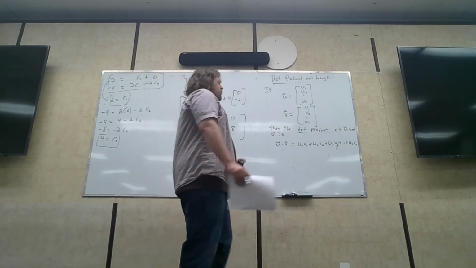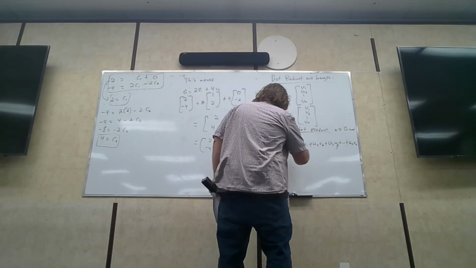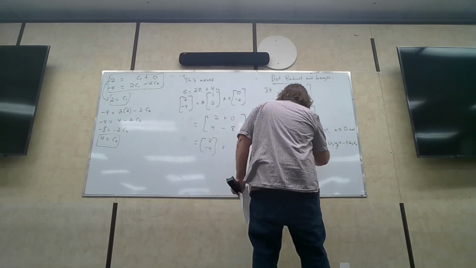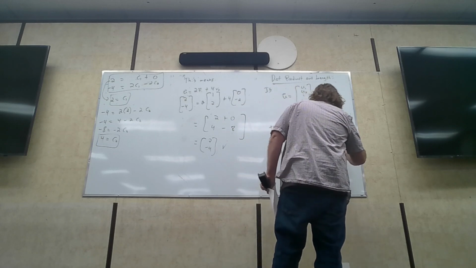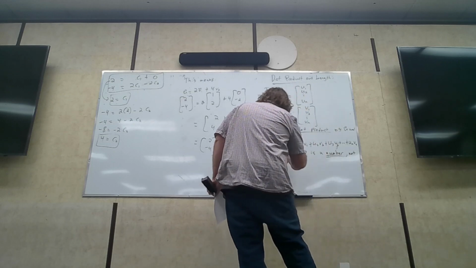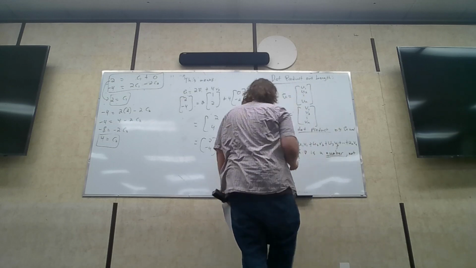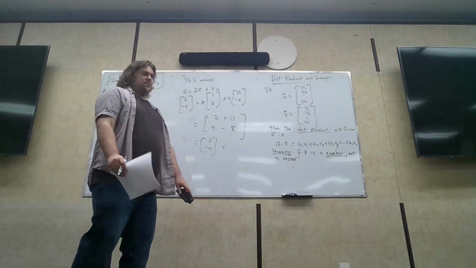So ultimately what I'm getting at here, I'll write it as a warning: U dot V is a number, not a vector. So if you do the dot product and get a vector out of it, you did not do the dot product correctly.